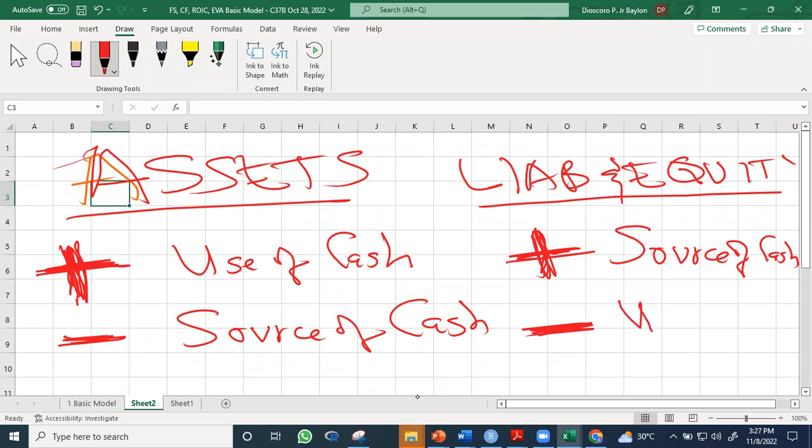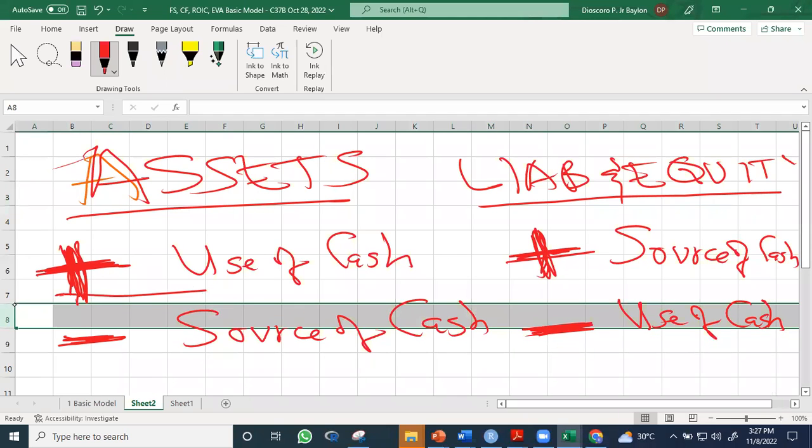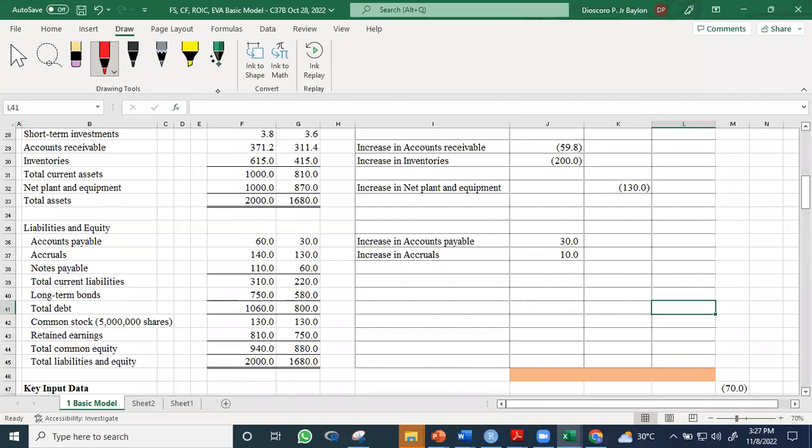So this will be a use of cash. Okay, so ito lang kailangan natin tandaan. And then you can already set this up. And then it will now be easy for us to determine kung source of cash or use of cash yung change.